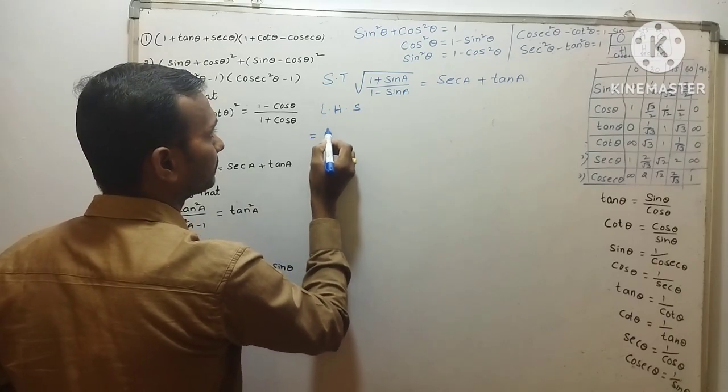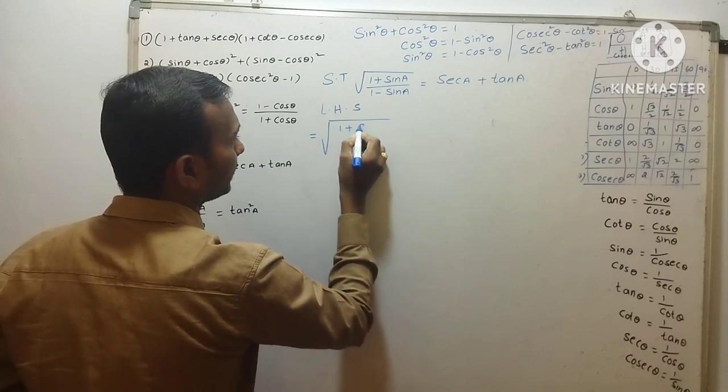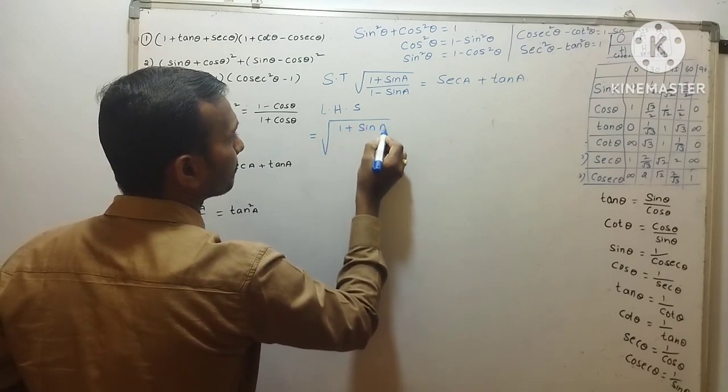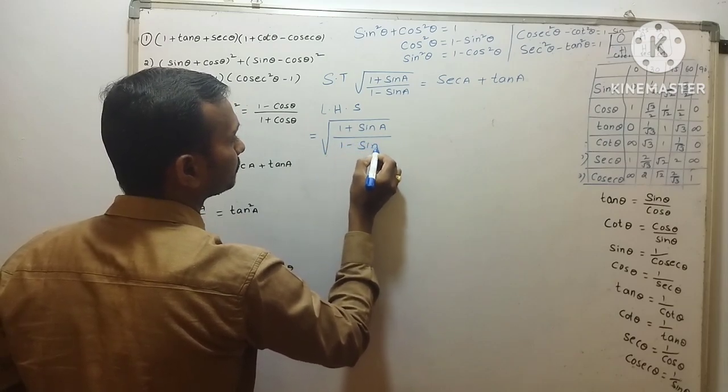What is the left hand side? Under root of 1 plus sin A by 1 minus sin A.